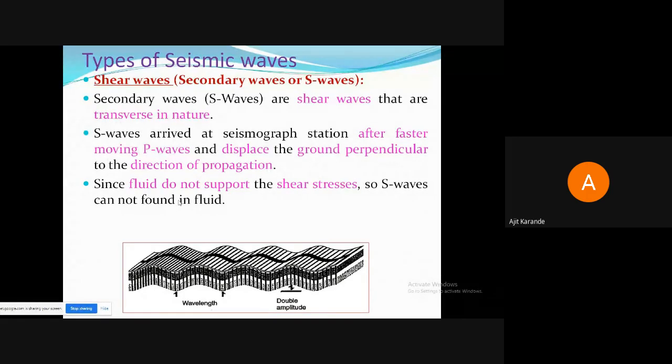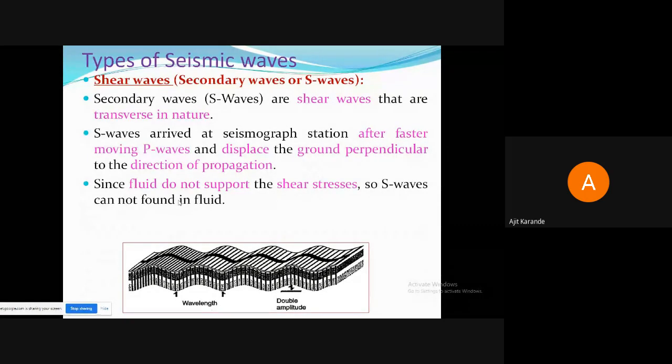Okay, so as far as the properties are concerned, the velocity of an S wave is directly proportional to the shear strength of the material through which they pass. Because as we see in the Earth, there are different layers, and each and every layer has different properties.